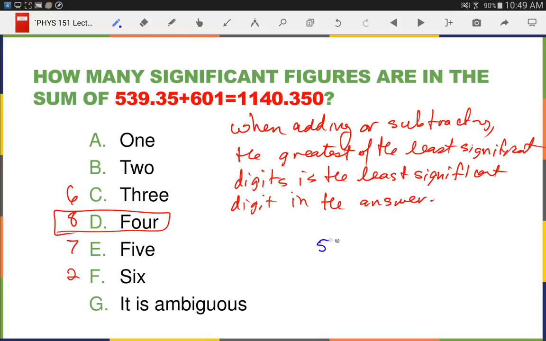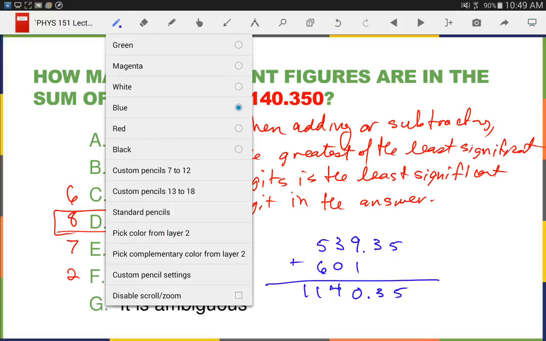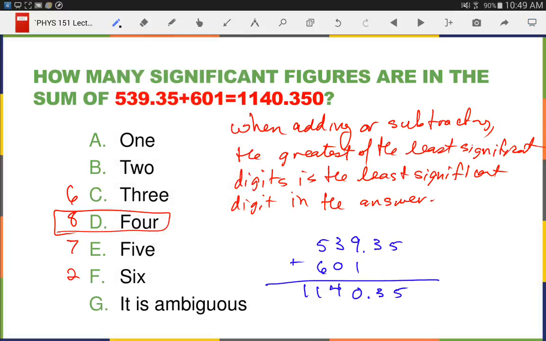So I show the addition with vertical addition. I show it like this, and then I identify which one was the least significant digit in each number.